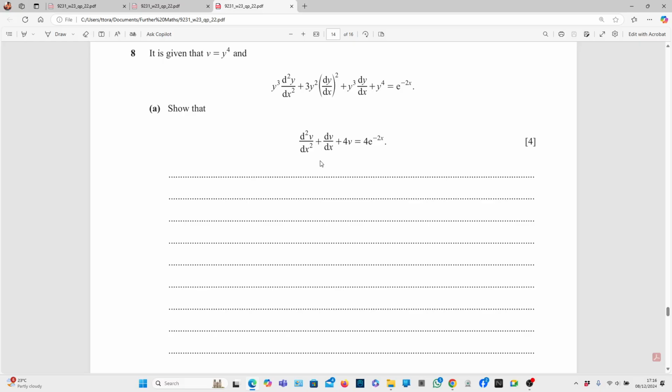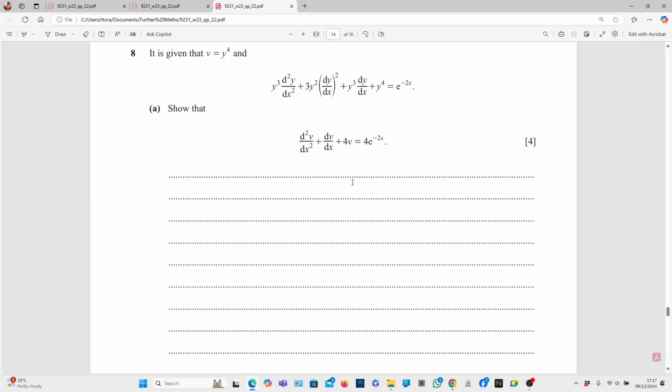Once we solve this, we should get complex roots, and for complex roots the complementary function is of the form e to the alpha x times (a cos beta x plus b sin beta x), where alpha and beta can be found from the complex root.